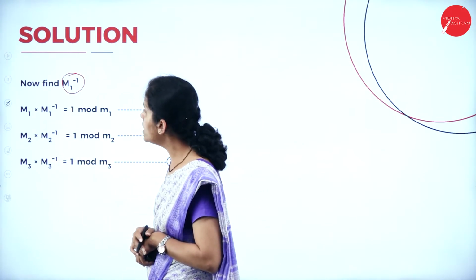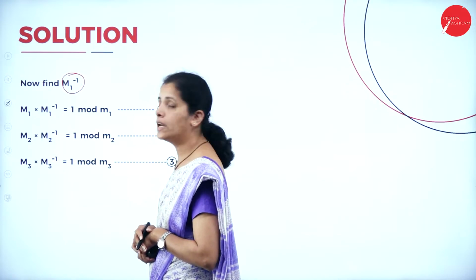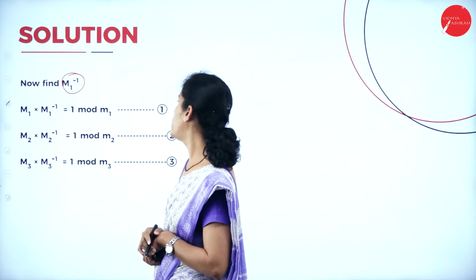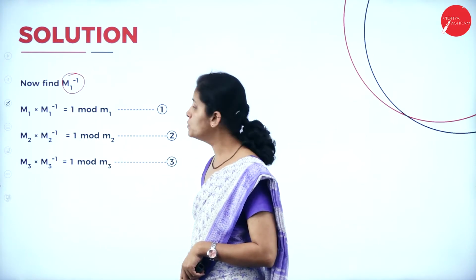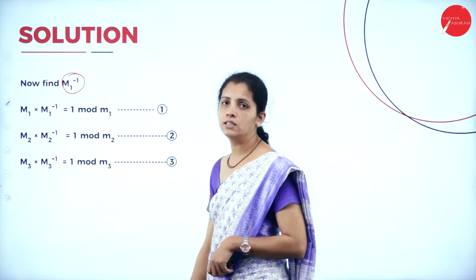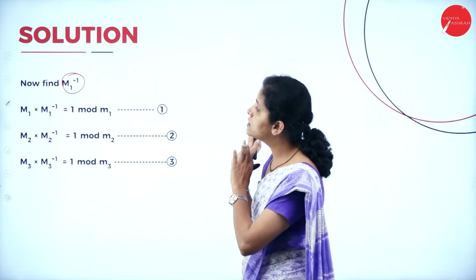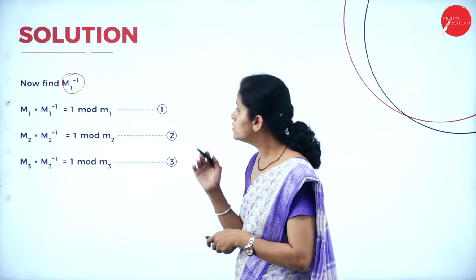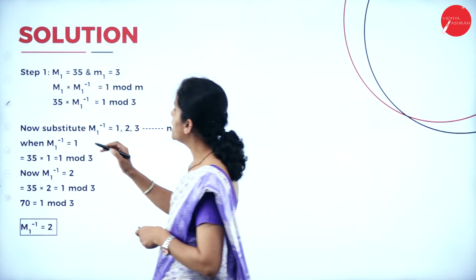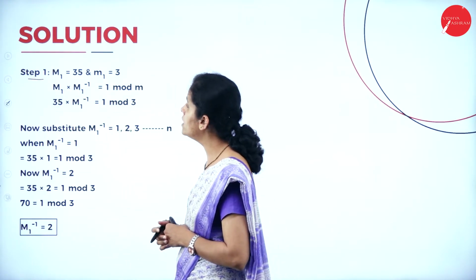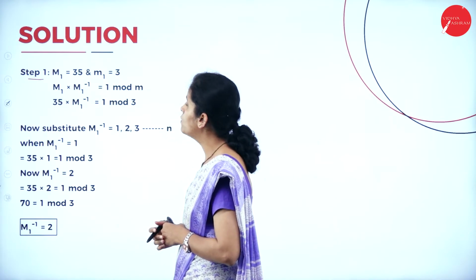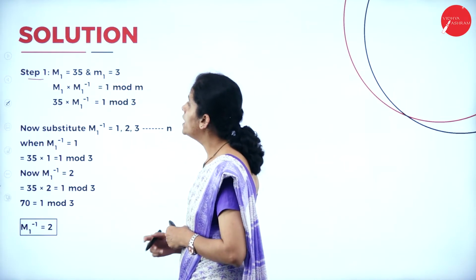That is M1 into M1 inverse equal to 1 mod m1, and for the next equation it is 2, and for the next equation it is 3. Now I want to substitute the formula. So at step 1 I am going to have M1. What's the value of M1? It is 15. And what is small letter m1?